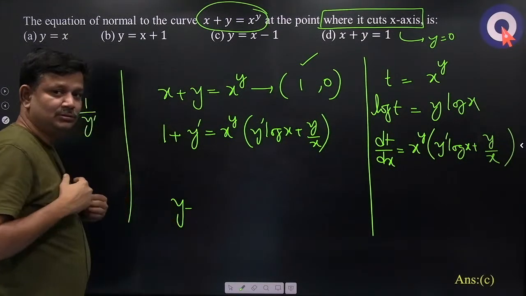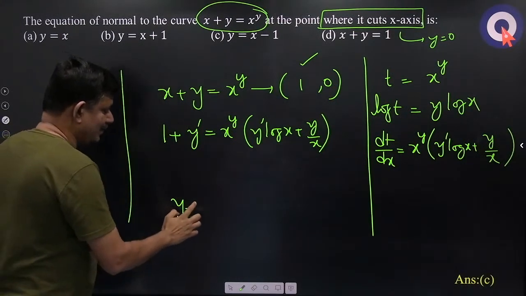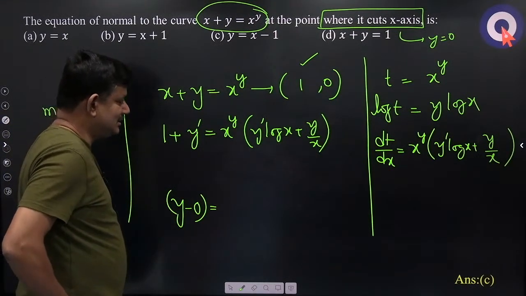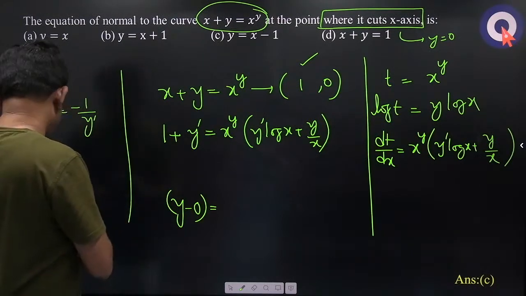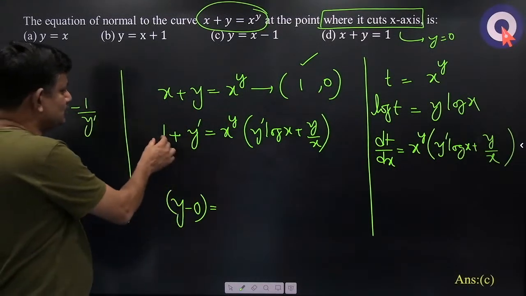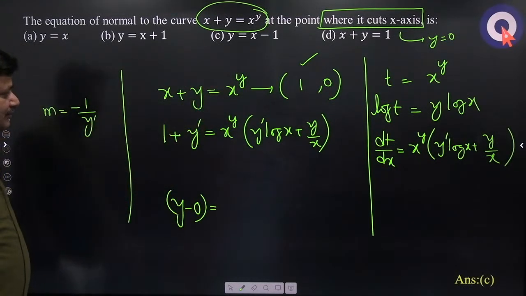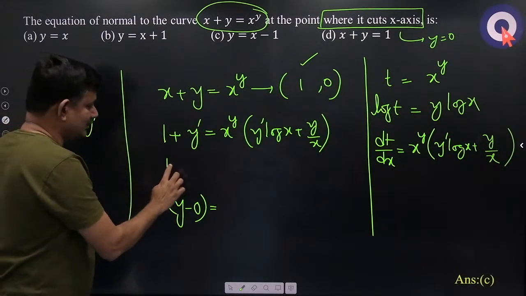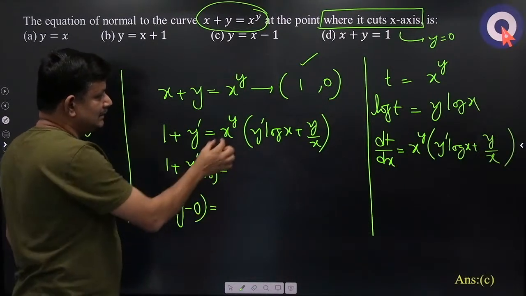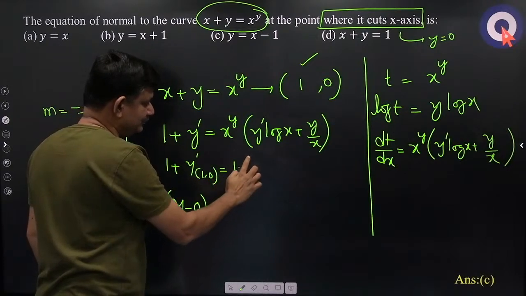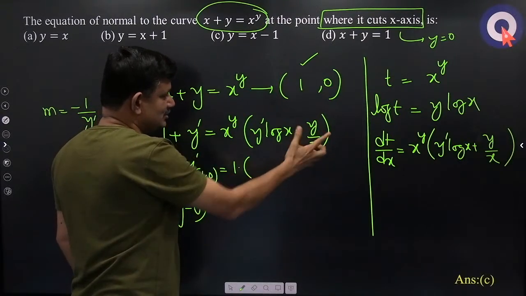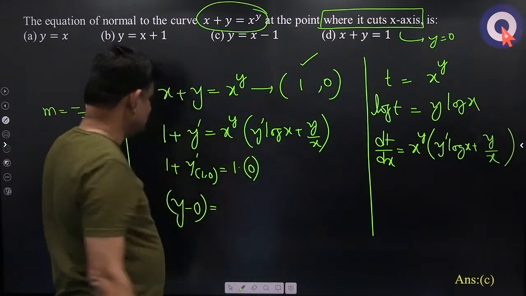At 1 comma 0, the normal equation would be y minus 0 is equal to minus dx by dy, that is minus 1 by y dash. Let me find the value of y dash. Putting in the numbers, x is 1, y is 0, log 1 is 0, y is already 0, so this whole thing is 0.